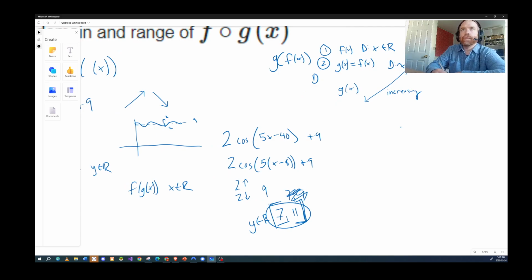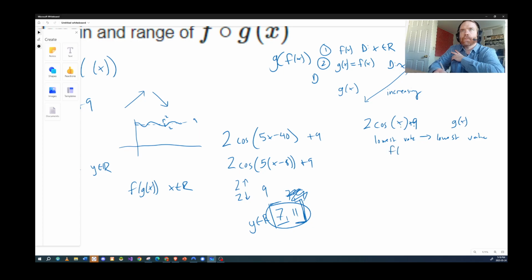Now that means that when we think about the function 2 cos x plus 9, sorry, the plus 9 shouldn't be in the bracket, 2 cos x plus 9, the lowest value should be the lowest value on the outside function.